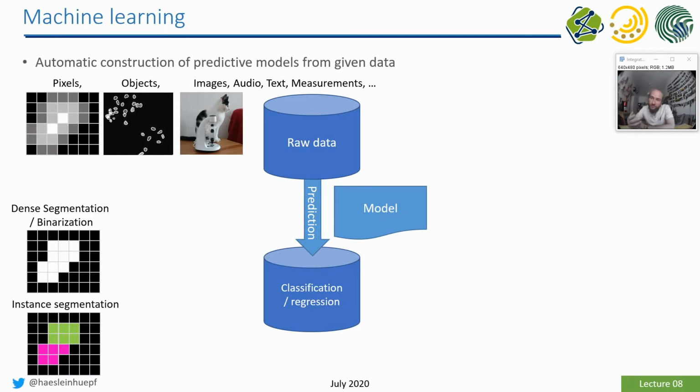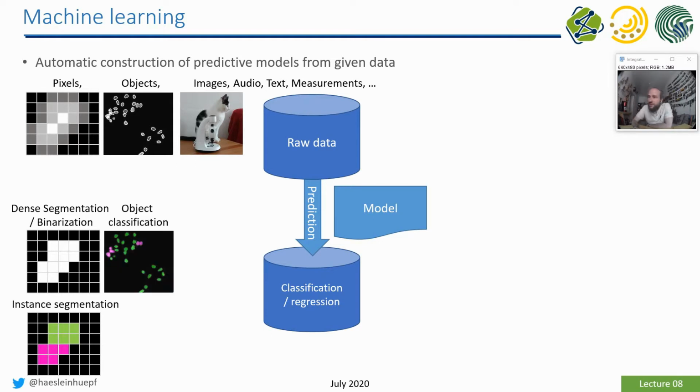Then, what can be the result of a machine learning process? It can be a binarization. Machine learning experts also call this a dense segmentation. If we're labeling individual objects, as in the connected components analysis we discussed already, in machine learning people call it an instance segmentation. It's like segmenting different instances of the same thing in these images.